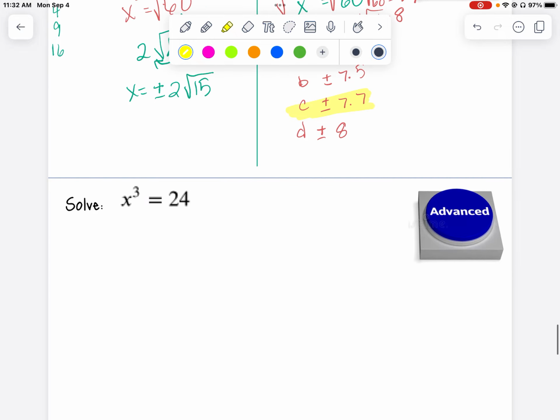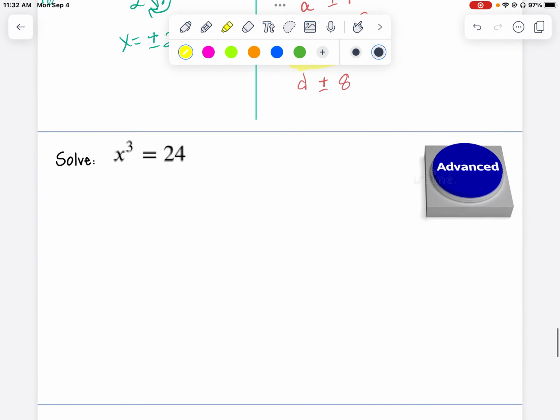Now this one is cubes. So we're going to be dealing with this as x cubed equals 24. And then here, we're going to do it as the radical cubed root side, and we're going to do the estimate side.